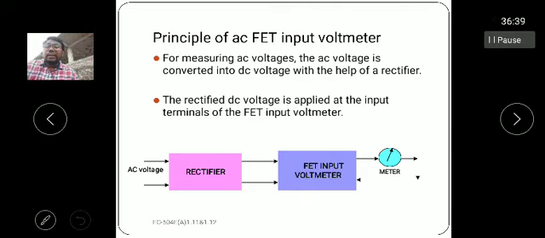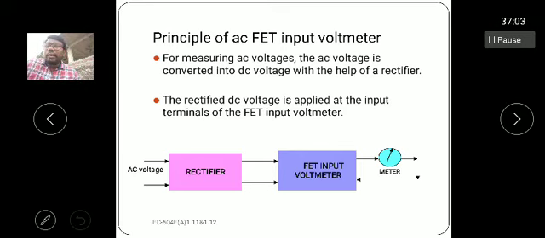generally the disadvantage is that it is used only for DC measurement. The second one is the balancing of the bias, that is, the balance is affected by any change in the parameters of the transistor. If any parameter of the transistor is changed, automatically the balancing condition will be modified.